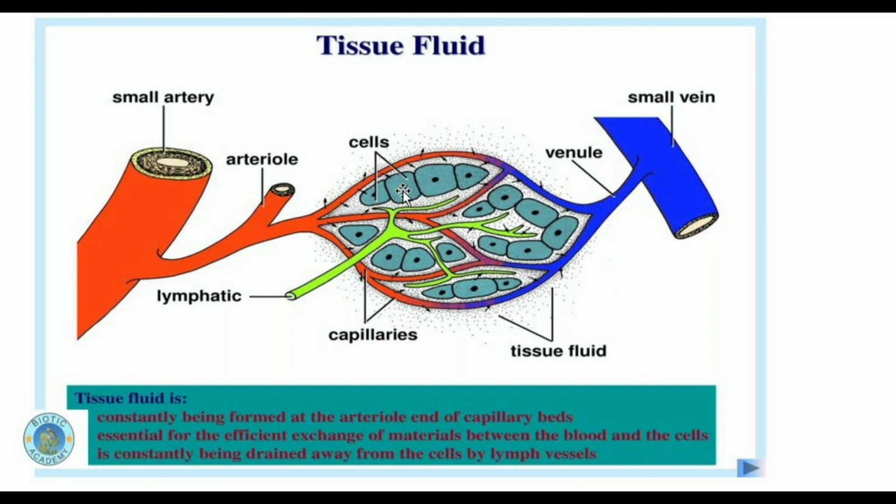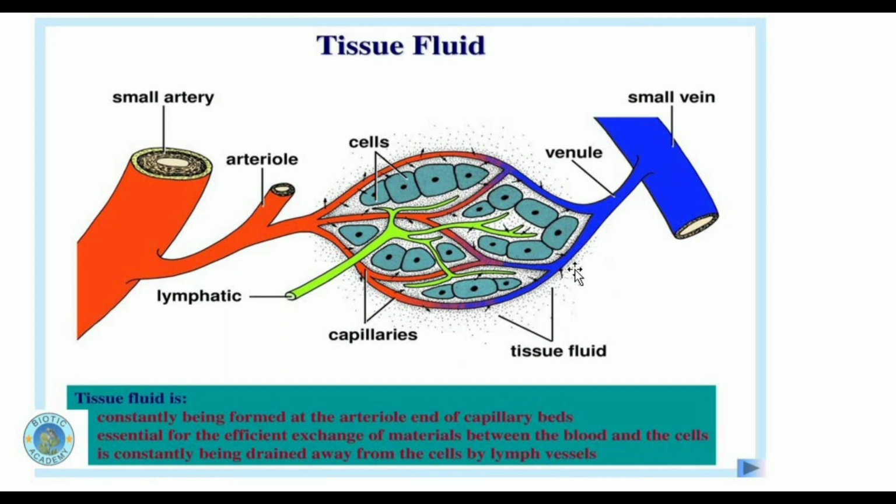Similarly, when the cells want to get rid of excretory products like excess water, carbon dioxide or excess ions, they diffuse them out into the tissue fluid, and from the tissue fluid these materials enter the blood vessels, and then through the venules they enter the small veins and reach the respective excretory organ.